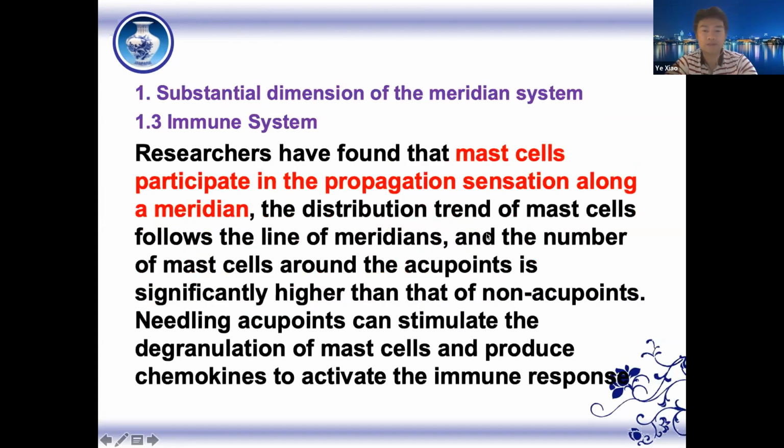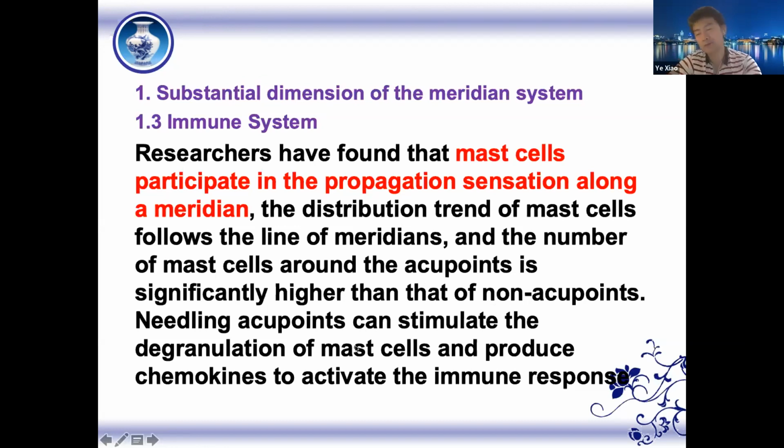Researchers have also found that mast cells participate in the propagation sensation along a meridian. The distribution trend of the mast cells follows the line of meridians, and the number of mast cells along the acupoints is significantly higher than that of non-acupoint locations.